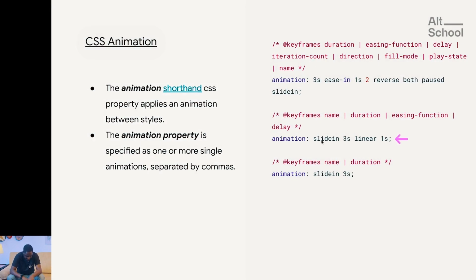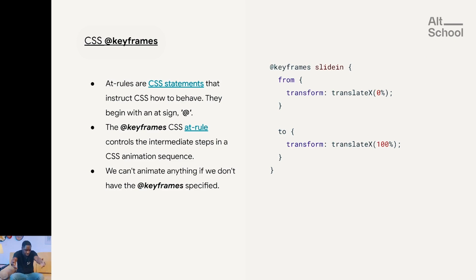Down there you can see sliding, and the duration we want is 3 seconds, then linear, which means in a straight line, with a delay of 1 second before it starts. That's how that one is read or understood. We will definitely try this out and see how it plays.